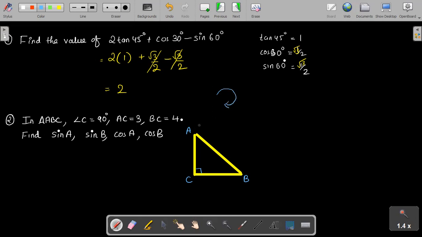So better A, B, C like this. And now you write the values that are given to you. AC is 3 and BC is 4. In this question, you have to find the hypotenuse length first. Use Pythagoras theorem to find the AB length.